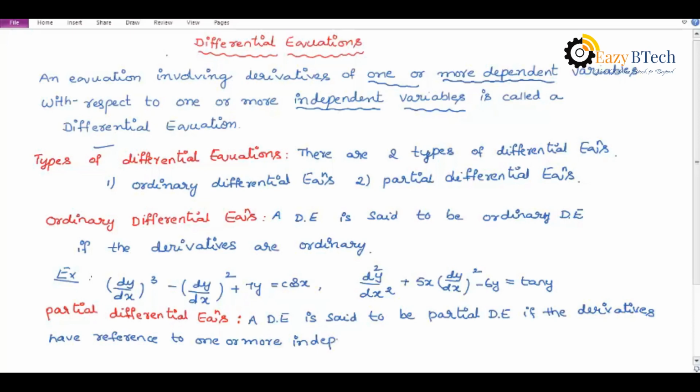So it is the definition of partial differential equation.